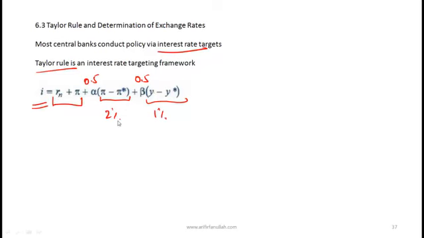It is logical that if the economy is overheated, the prescribed interest rate will be higher than Rn plus inflation. On the other hand, if these numbers are negative, then the interest rate will be relatively low, which will be a mechanism of boosting the economy.